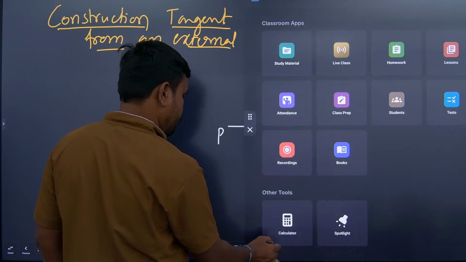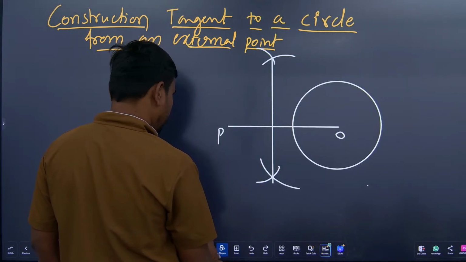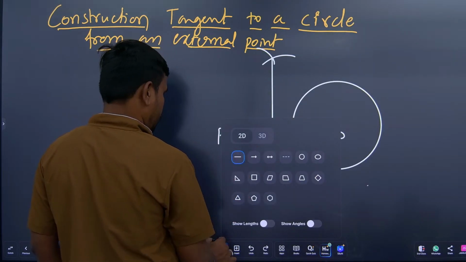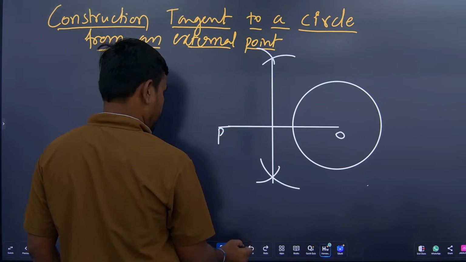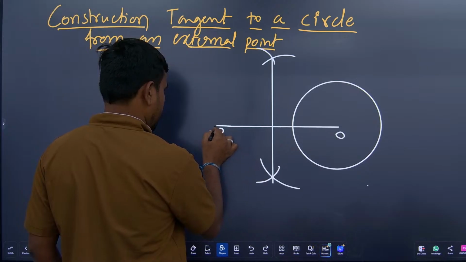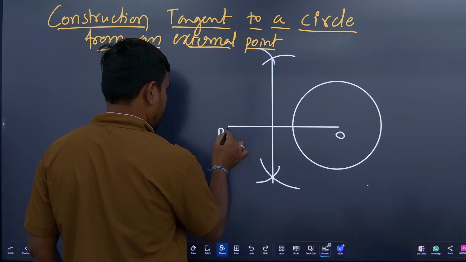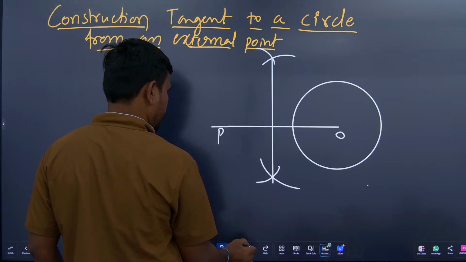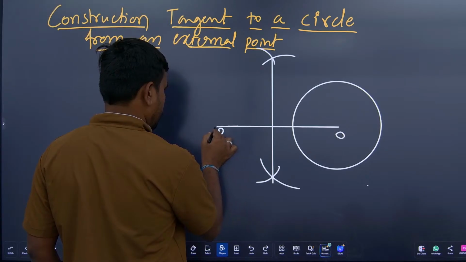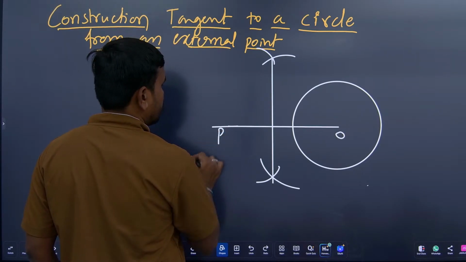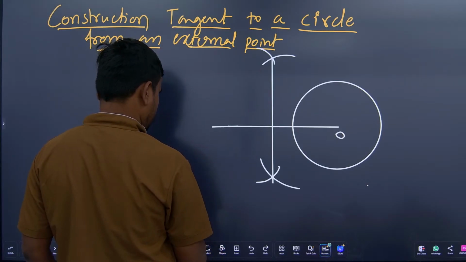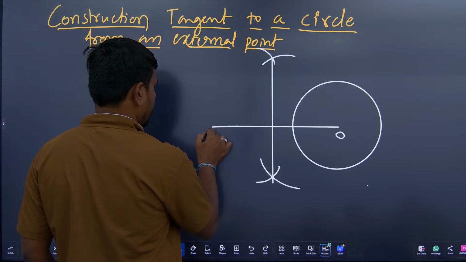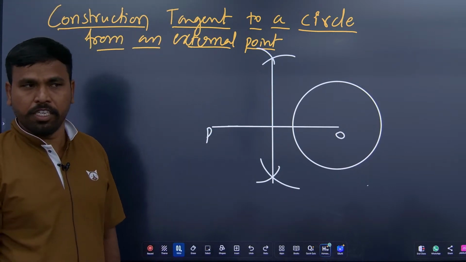It will come perfectly with the scale. Fine. Now it is a perpendicular bisector.